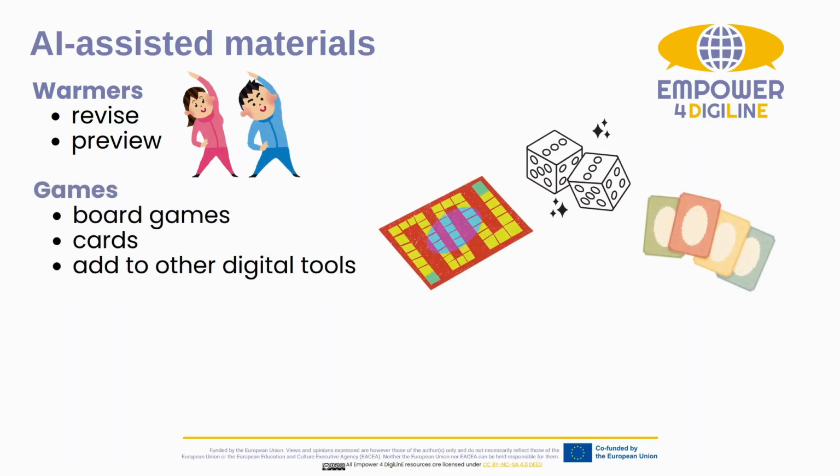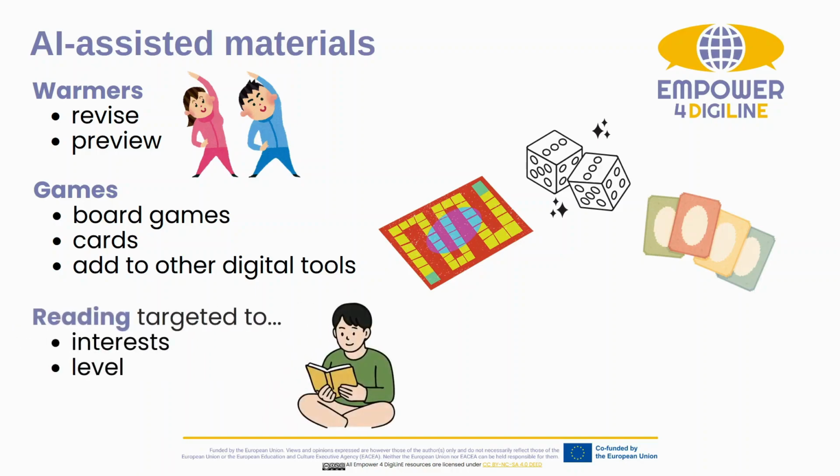Games. Even adults enjoy games for a change from the traditional practice methods. AI could help you produce board games, card games, material that you can copy into other digital tools such as Wordwall or Quizlet. And reading doesn't have to be limited to the material that you can find in the textbook.